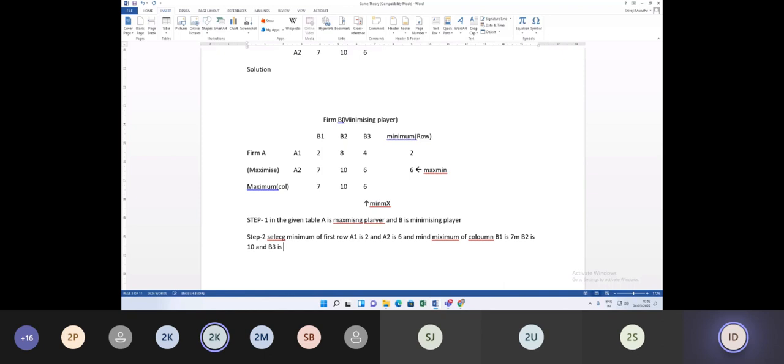Now step number 3, we have to select. What is to select now? Whether maxmin and minmax are the same, whether maxmin is equal to minmax.